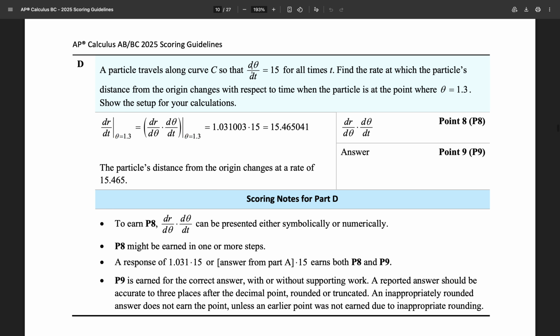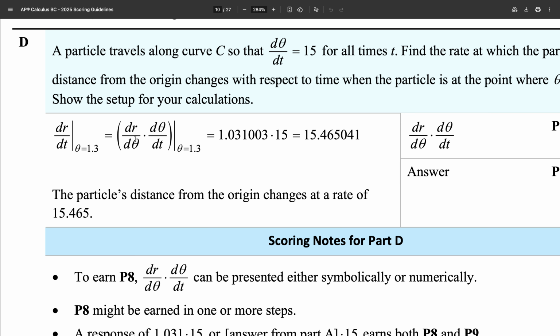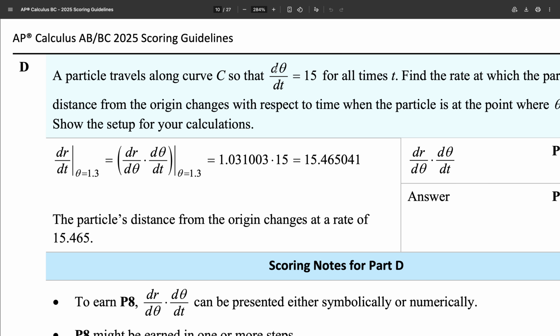it told us that d theta/dt is equal to 15, and we want to see the rates at which the particle's distance changes. So anytime we're thinking about distance, we're thinking about the radius of that particle. So is the radius of that particle increasing, or is that radius of the particle decreasing? If it's increasing, it's moving away. If it's decreasing, it's moving towards the pole, or moving towards the origin. So in this case, we had dr/d theta times d theta/dt. You know that d theta/dt in this case they gave us was 15.